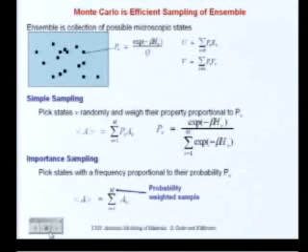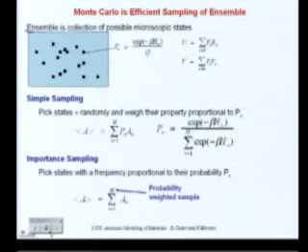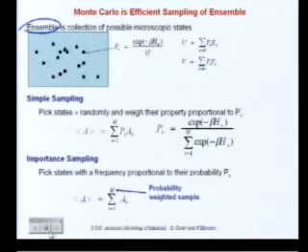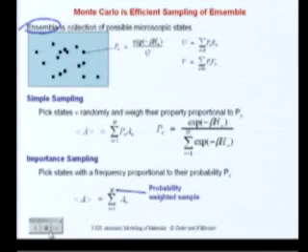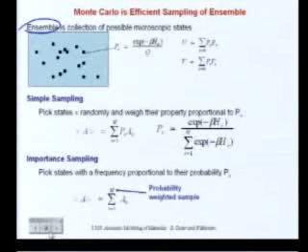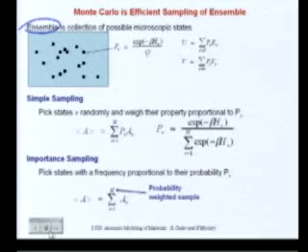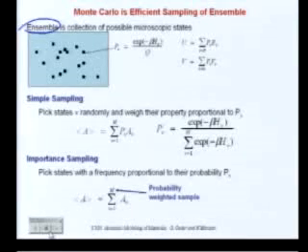Okay, so let me recap how we got to Monte Carlo. Remember that we talked about an ensemble as a collection of the microscopic states that really belong to one macroscopic state. So the macroscopic state is thermodynamically defined. The ensemble is the collection of microscopic states that the system goes through for a given set of thermodynamic boundary conditions.